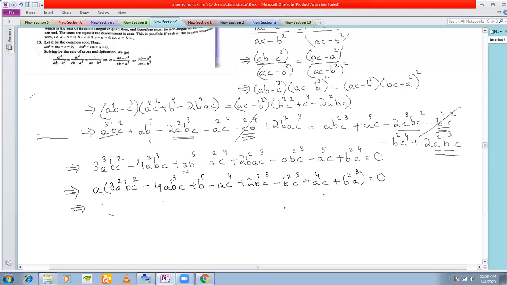That means this part will be 0 and this will simplify: 3 e square e square minus 4 a e cube plus e to the power of 5 minus e to the power of 4 plus e square e cube minus a to the power of 4c plus e square.